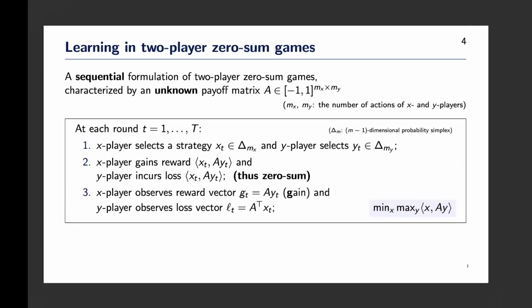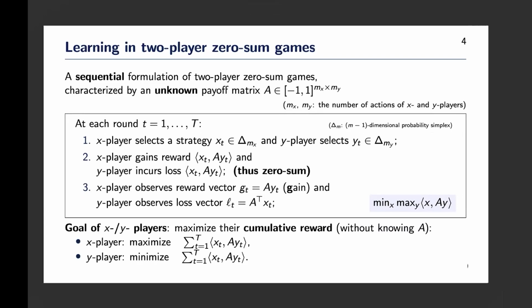This is just the gradient of the saddle point optimization characterized by payoff matrix A. If we consider this kind of bilinear form of saddle point optimization, then for the X player, A y_t is a gradient, and for the Y player, minus A transpose x_t is a gradient. So this is the motivation for these observations.